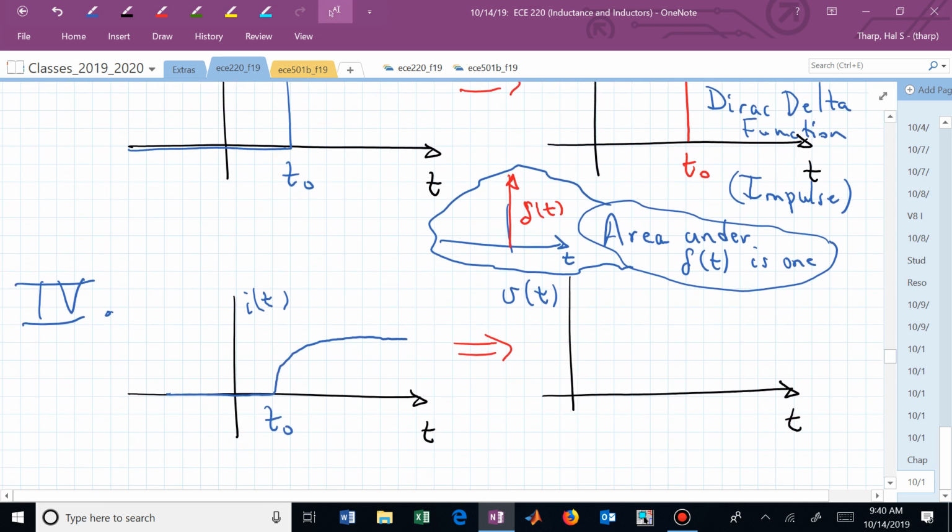What if we look at another case? Now we have an exponential shape to the current, and then it flattens out to a constant value. What would the voltage look like of our inductor if we established that the current is looking like I of t in this figure?